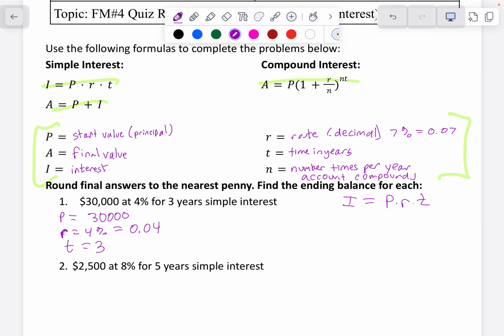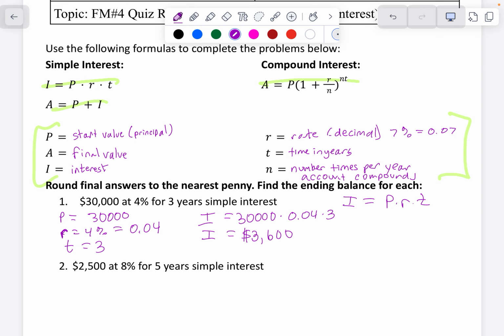Now, what you have to be mindful about in this section is that when we do the interest, which is just going to be 30,000 times 0.04 times 3, that just gives us the interest. It doesn't answer the final question. So 30,000 times 0.04 times 3 is $3,600 in interest. Now, if you stop there, you're going to get some credit because you're close.